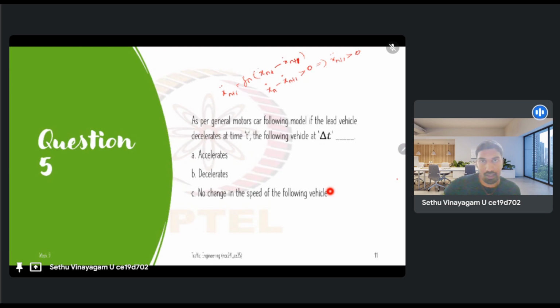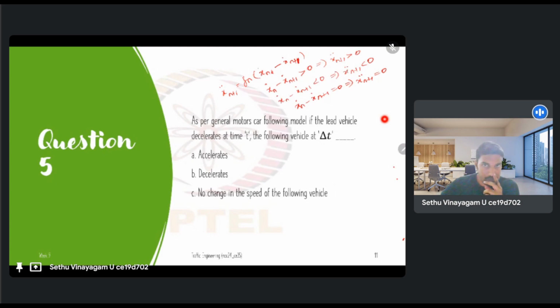If the relative speed is negative, it means that the leader is slowing down, traveling at a smaller speed, so the follower will decelerate. Acceleration will be negative, which means it's a deceleration. And if the relative speed is zero, then the response will also be zero, so there won't be any change in the speed of the follower.